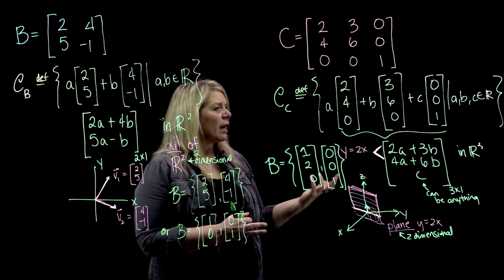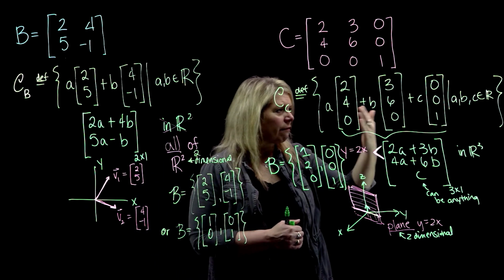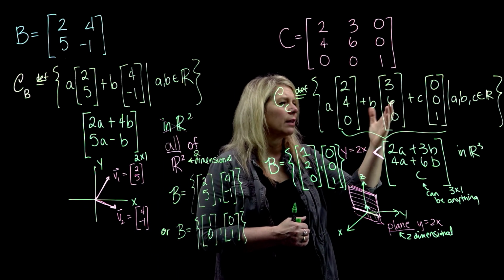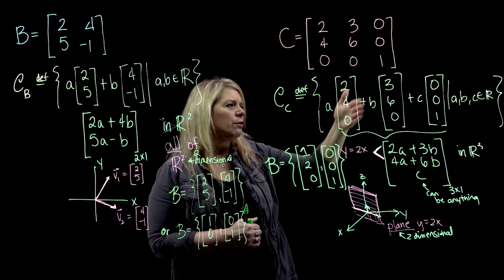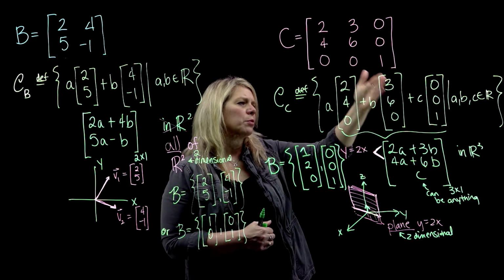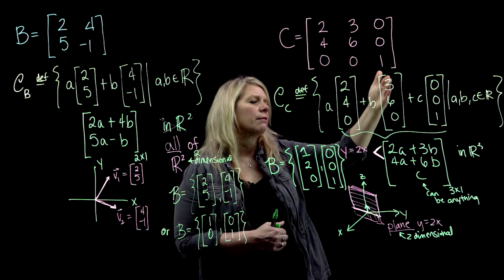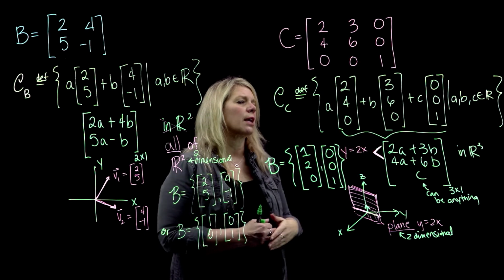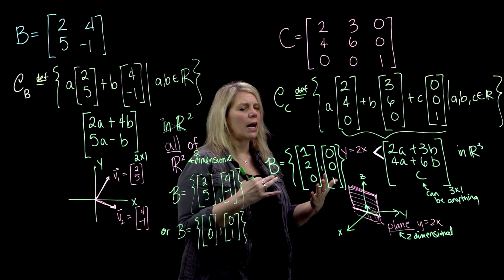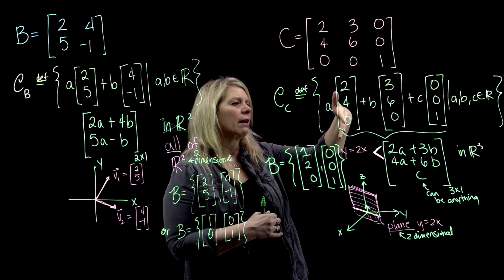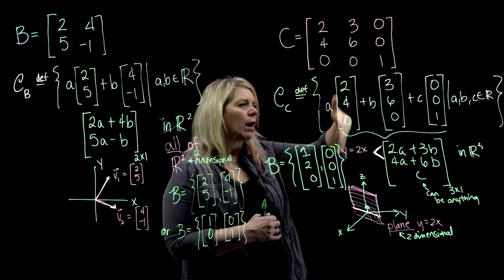And then you might also notice that although in using the definition I wrote this down, really there's some redundancy here. Because 2, 4, 0 and 3, 6, 0 are scalar multiples of each other, I don't really need both of them to generate all the linear combinations that I would get from just using one of them.